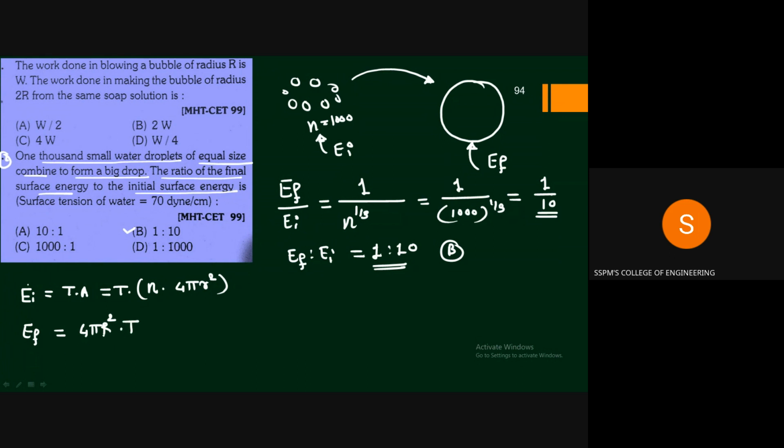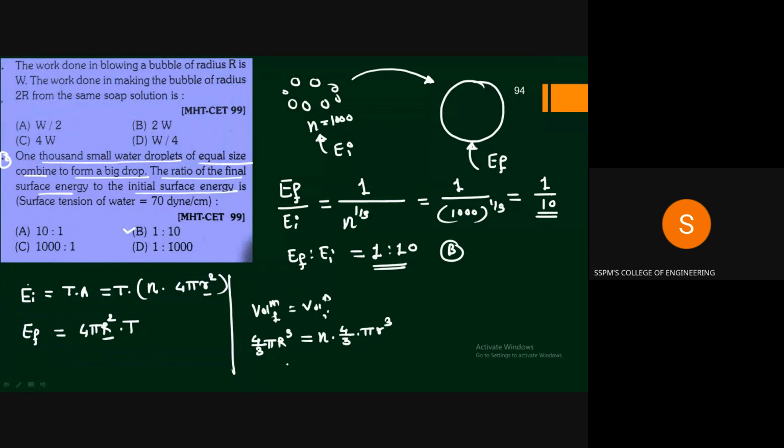Now here we have to find out the relation between the capital R and the small r. For that we will use the equation for volume. Volume will remain the same, final volume and the initial volume. So the final volume will be 4 by 3 pi R cube, and the initial volume will be n into the volume of a small drop, 4 by 3 pi r cube.